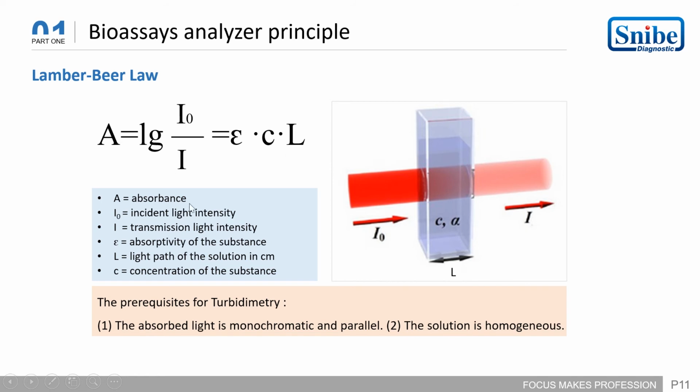A, absorbance. I0, incident light intensity. I, transmission light intensity. Epsilon, absorptivity of the substance. L, light path of the solution in centimeters. C, concentration of the substance.